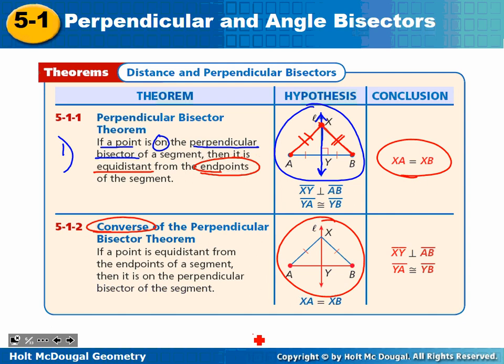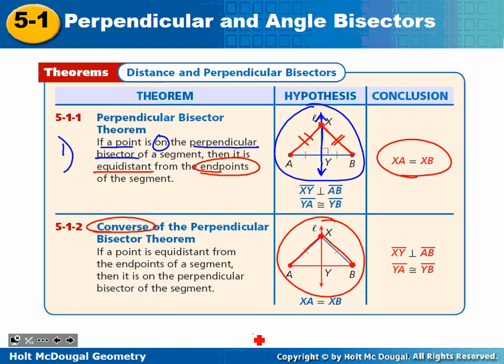But we do know that this point X is equidistant to the endpoints. So it's just going backwards. If these are equidistant, then this line must be a perpendicular bisector. So the converse is just going to switch it.